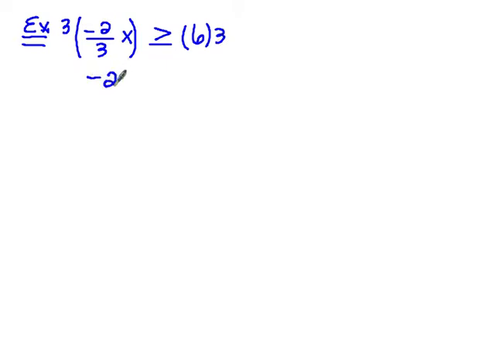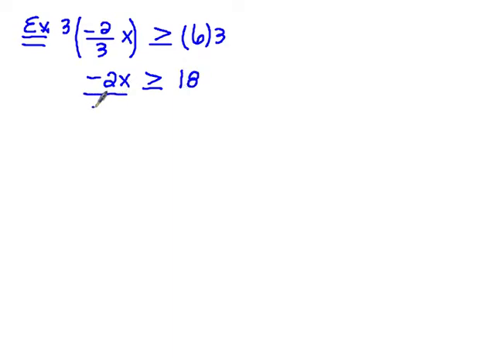What if I had negative 2/3 x greater than or equal to 6? Okay, I know y'all, you don't like the fractions, so let's get rid of them. The first thing I'm going to do is multiply both sides by 3, so that I get negative 2x greater than or equal to 18.